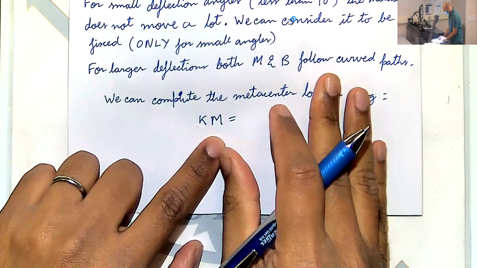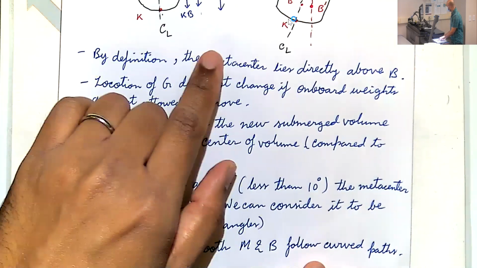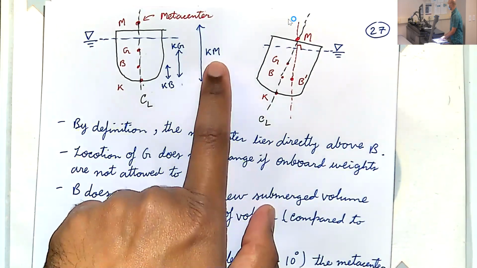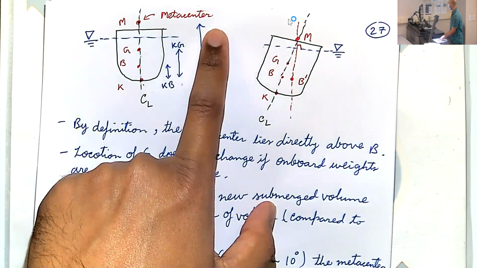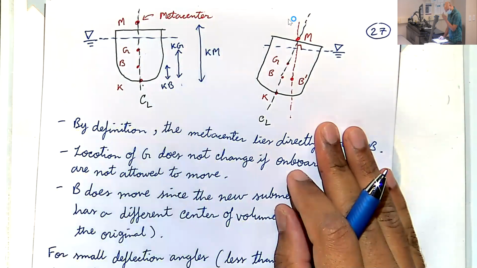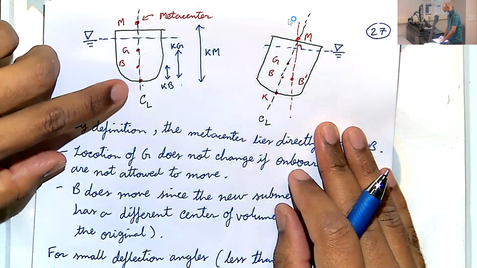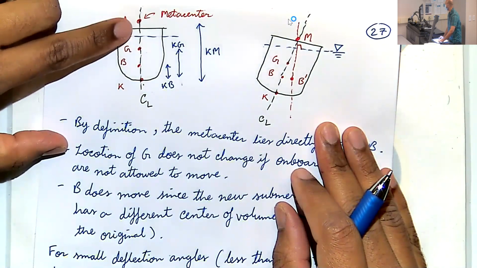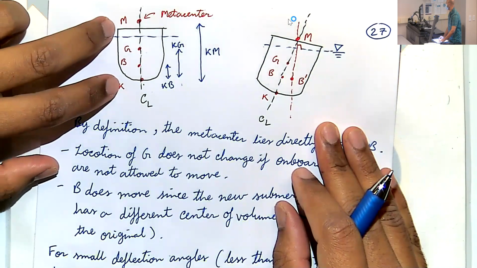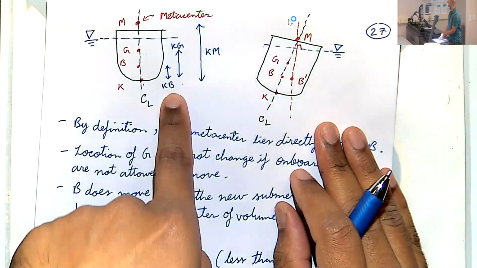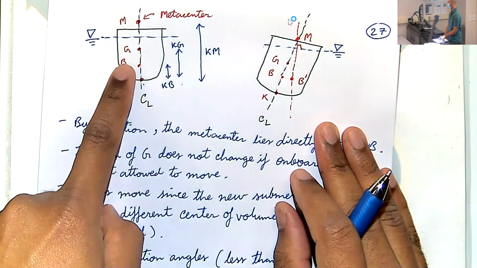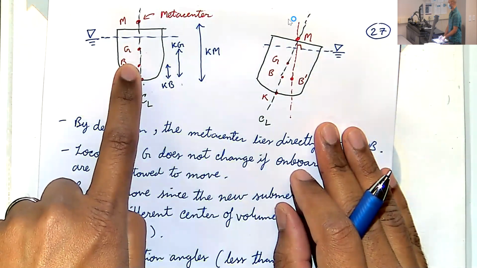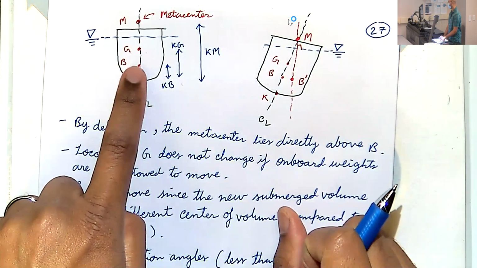And let's look at this sketch. Keel to metacenter is basically, if we know the KB distance and if we know the BM distance, we just add the two. KB, you already know how to compute. That's the volume centroid. That's what you've been doing for homework 1 and 2.